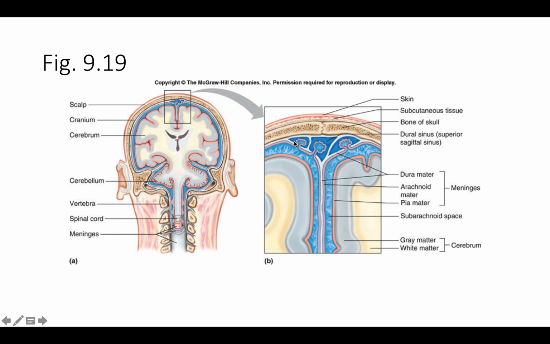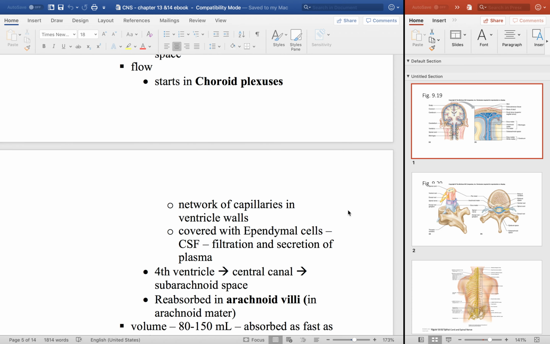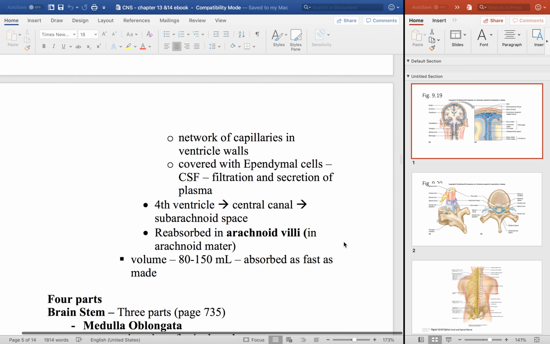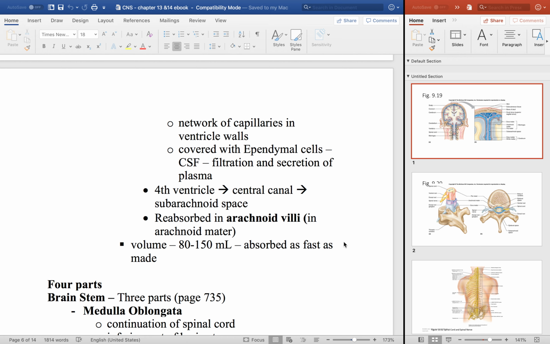If you look right here, see those little tree structures, that's the arachnoid villi, and that goes back into the circulation right here that is close to the dural sinuses, and these spaces right here with the darker blue are the dural sinuses, and it goes back into the circulation, and then it all starts over again. We make 80 to 150 milliliters a day, and as soon as it's made, it is circulated around, and then it's reabsorbed back into the circulatory system.